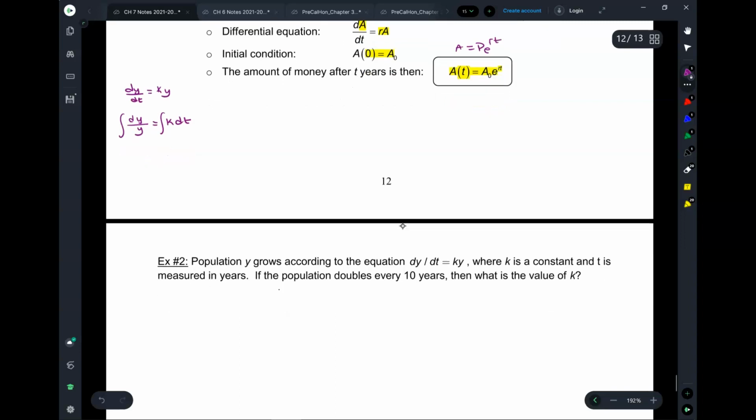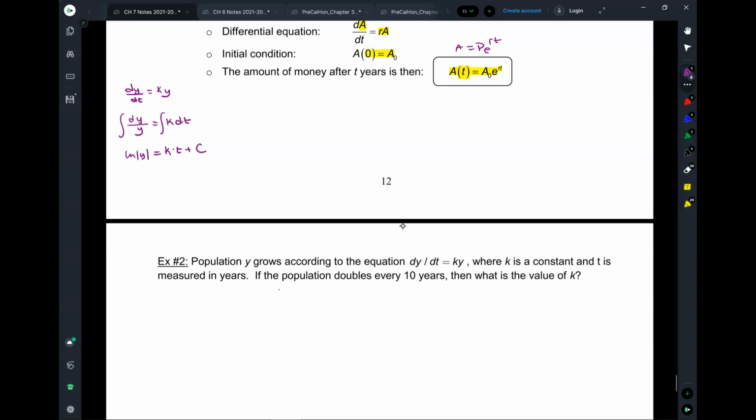What's the integral of 1 over y? ln of y equals, k is a constant, so when you integrate you'll have kt plus c. Suppose this was the integral of 5: you'd get 5t plus c.